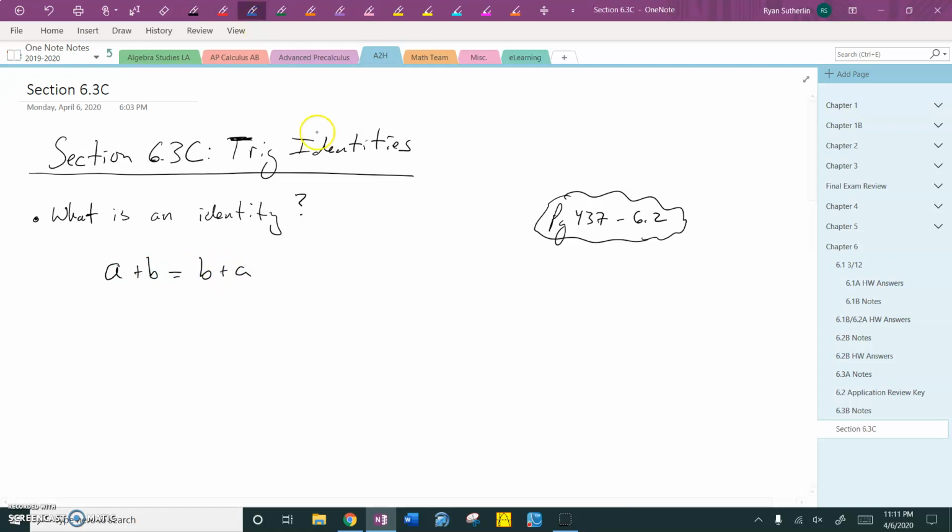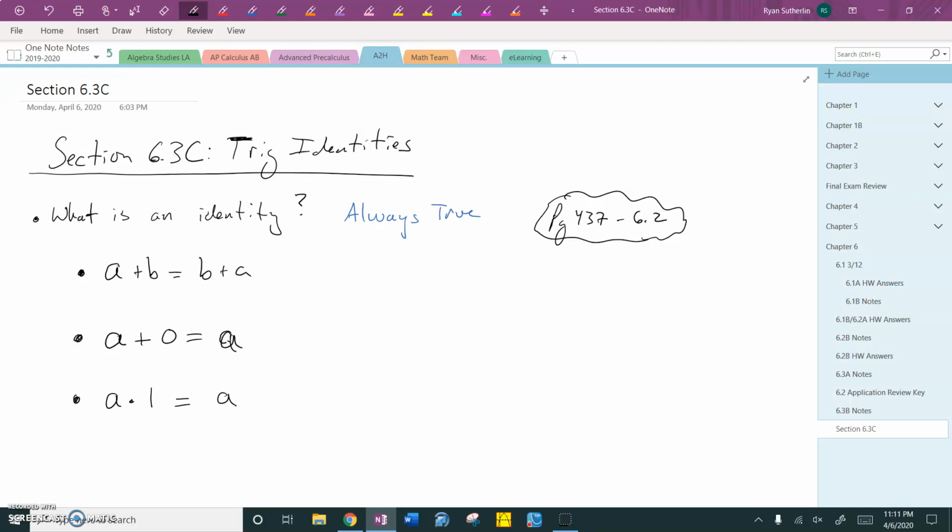So the first example you have is the commutative property of addition. We have the additive identity, that anytime I add 0, we get what we start with. The multiplicative identity is if I multiply by 1, we get what we started with. So it's something that is always true.